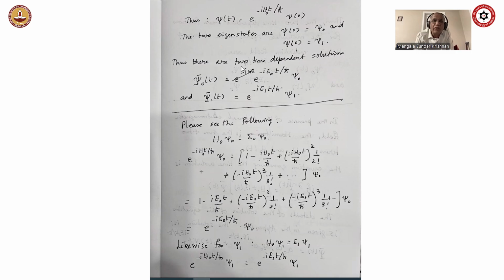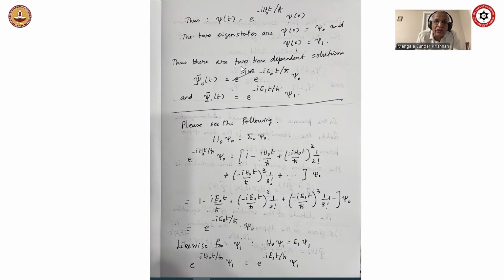Exponential waves. You see that the exponential is nothing other than 1 minus x plus (minus x) whole square by 2 factorial plus (minus x) whole cube by 3 factorial, where exponential of minus x is 1 minus x and so on. If you put that expansion and apply H naught on psi naught, you get E naught psi naught. If you apply H naught square on psi naught, you will get E naught square on psi naught.